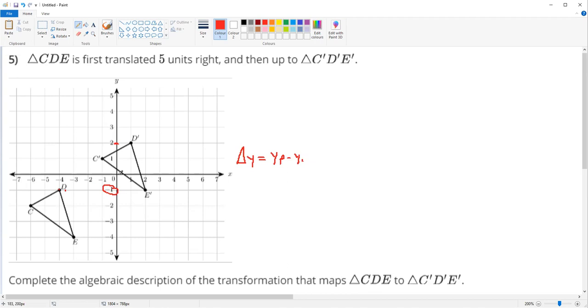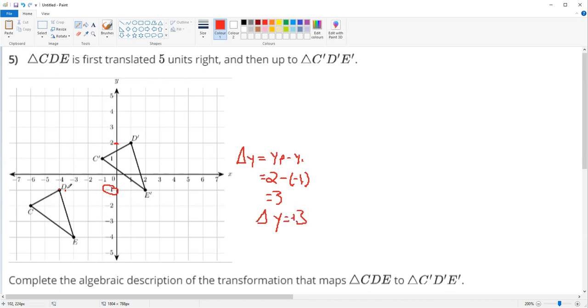I just picked D. So my final y was D prime, which is 2. And my D initial was -1. So minus -1. A negative plus a negative is positive. So 2 plus 1 equals 3. So my delta y is 3.